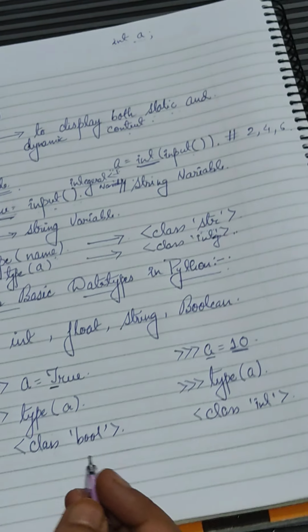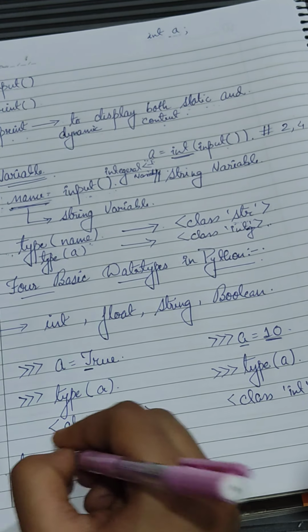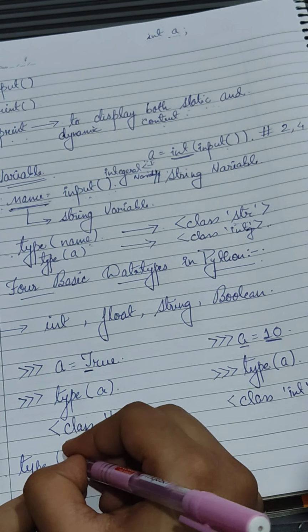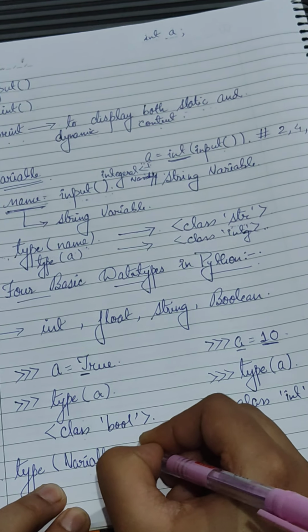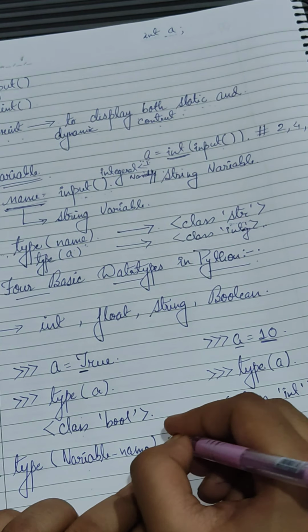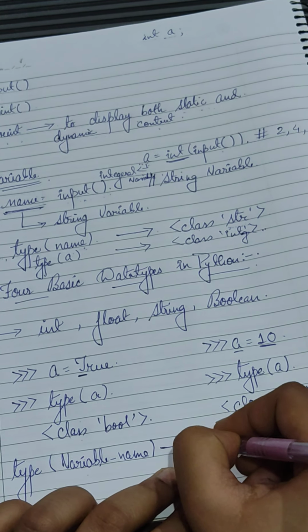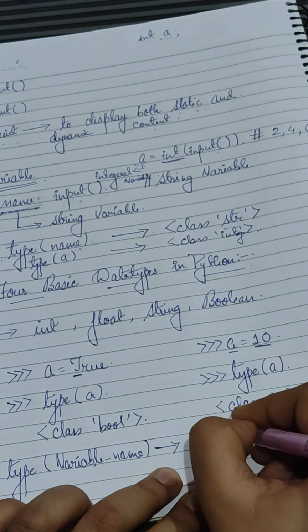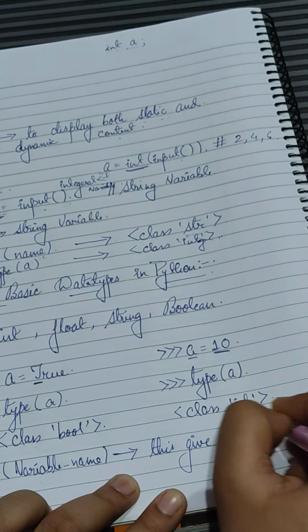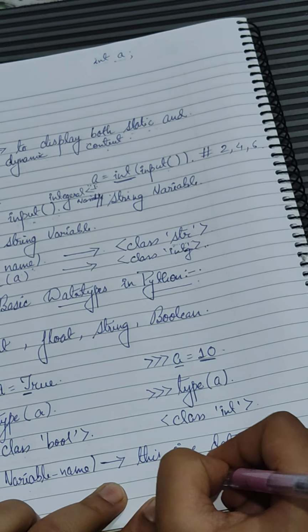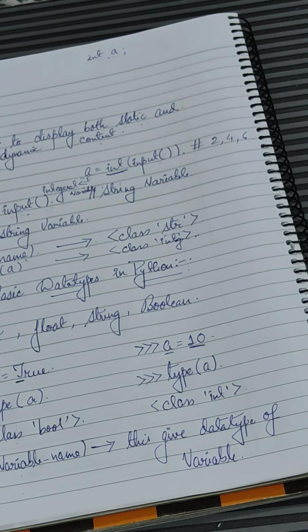So the basic point is that type is a keyword, and we write the variable name inside it. This will give you the data type of the variable.